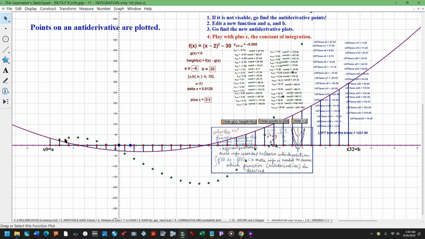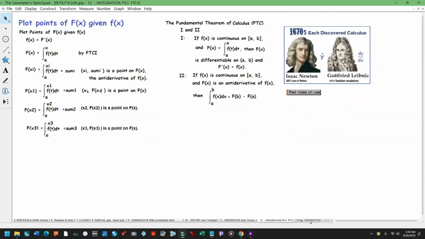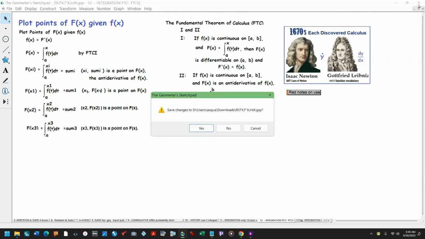I'm adding the areas. As I add the areas, you can see the cubic. And there's your fundamental theorems 1 and 2. Get out of this, don't need it, dump it. You could always save it if you wanted to, I don't need to.